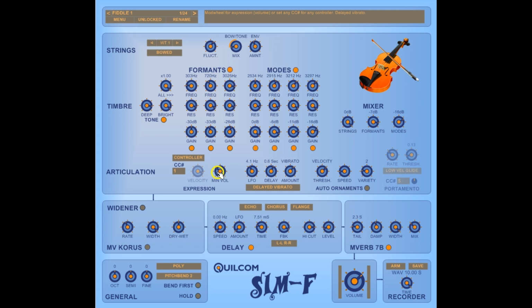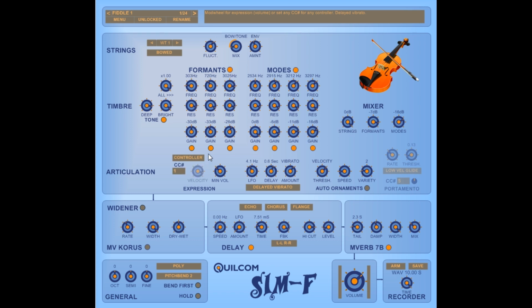You can set a minimum volume level, and then I'm using the mod wheel now to change the expression. And you can switch the controller to velocity. So you've got two possibilities there for adding expression.